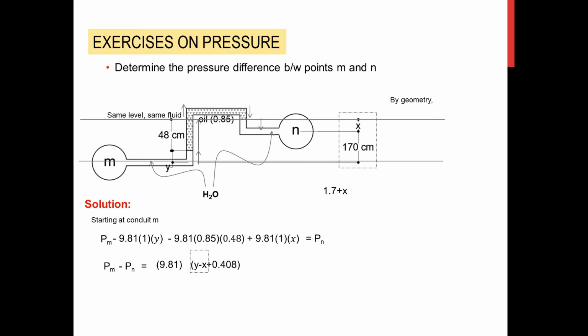So 1.7 plus x on the right portion will be equal to the left portion, 0.48 plus y. And then from that condition, we can derive y minus x equal to 1.22. Okay, moving back to our equation here, we'll just substitute 1.22 on y minus x. Therefore, we can now get the difference in pressure between conduit M and conduit N. Pm minus Pn is equal to 15.97 kilopascals.